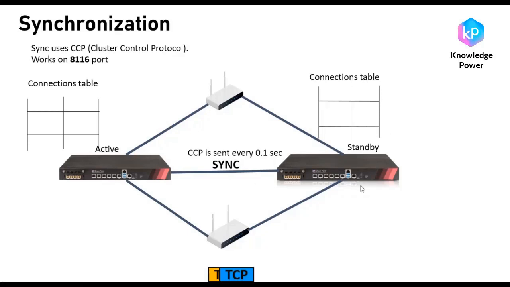Basically, when devices have been synchronized with the full sync after one device went back online, and they are working fine in production, let's say in an active standby configuration, to synchronize new connections we're going to use delta sync. So the CCP packet on port 8116 is responsible for that as well.